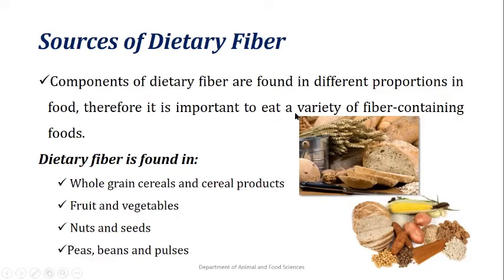Therefore, it is important to eat a variety of fiber containing foods. The type of dietary fiber available in these food types is different. Therefore, it is necessary to eat a variety of food items in order to fulfill the dietary fiber requirements in our body.